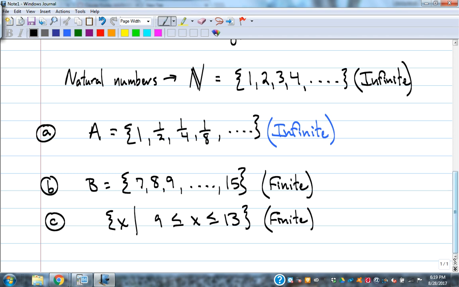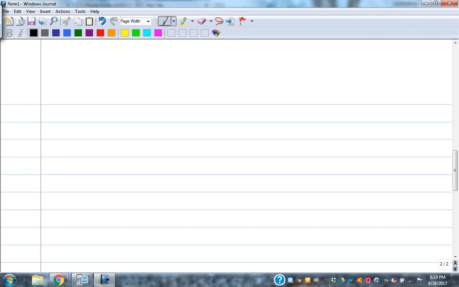Let's look at some descriptions of sets, and then we're going to list the elements in those sets. List the elements in each set. If we're going to list the elements, we're probably dealing with what kind of sets? Finite. If it were infinite, could we list them all? Definitely not.